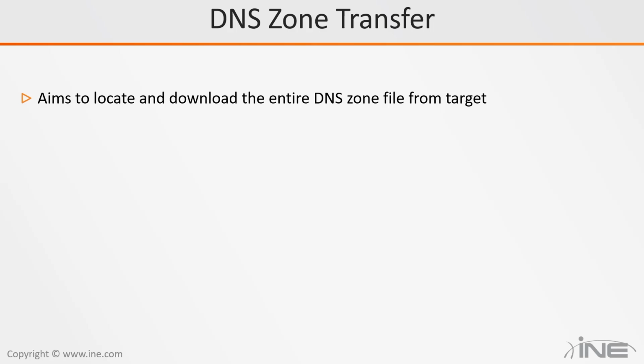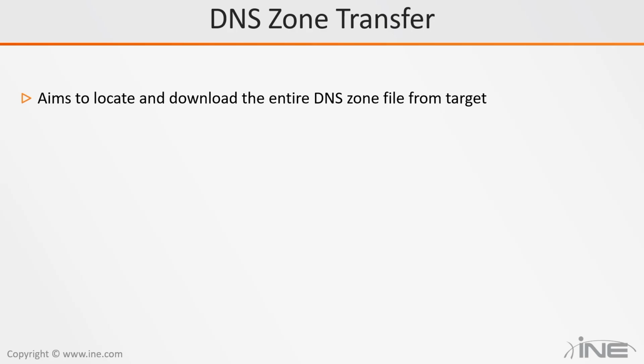So a DNS zone transfer aims to locate and download the entire DNS zone file from the target domain. The fact that you can query records from a certain domain using your own DNS server or a public DNS server doesn't mean that you're getting the full thing as it is stored in the authoritative server.